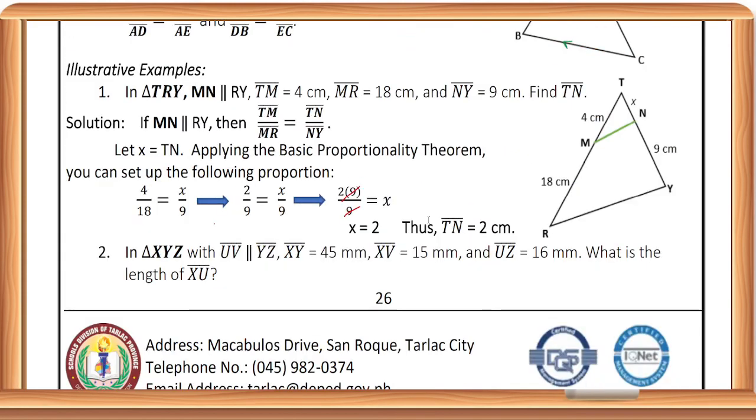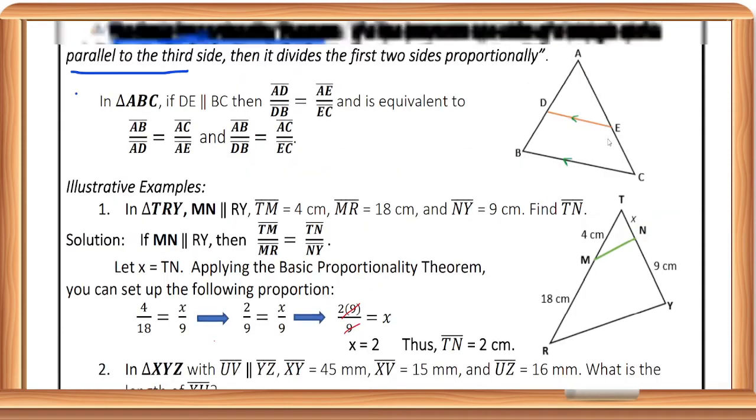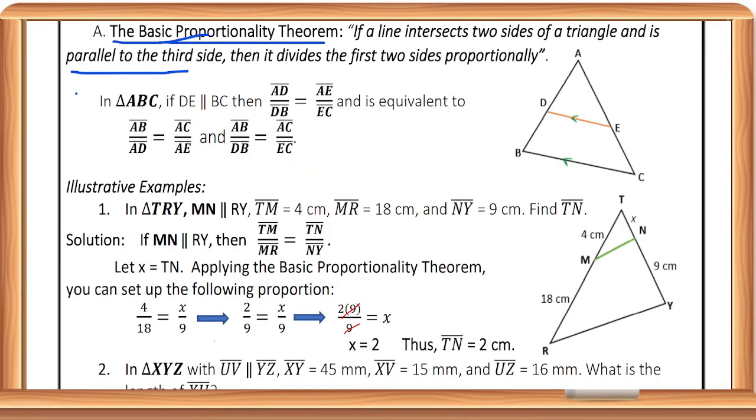Equal yung ratio. Kaya katulad nitong example dito. So if you already knew about the basic proportionality theorem, you can apply it here. Dito sa example natin, we have here the triangle and this one is parallel to the third side.